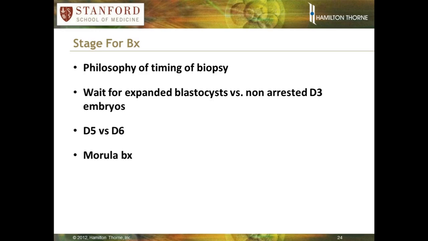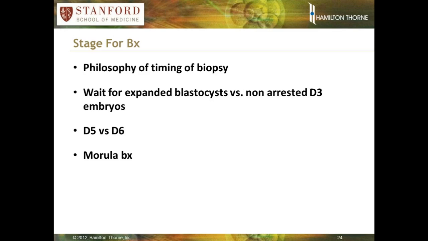So to avoid waiting for the perfect blastocyst, which may form in the morning of day 5, in the afternoon of day 5, and again in the morning of day 6, doing 3 biopsies and 3 freezes, our approach now, which seems to be working exceptionally well in my lab and several other laboratories, is to biopsy anything on the morning of day 5 that is not arrested.